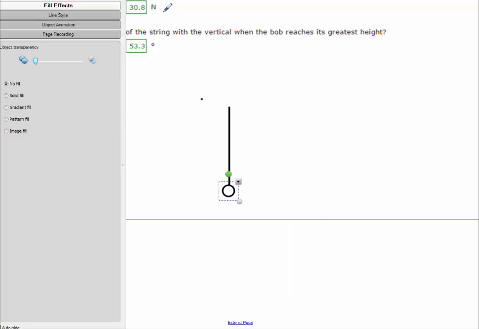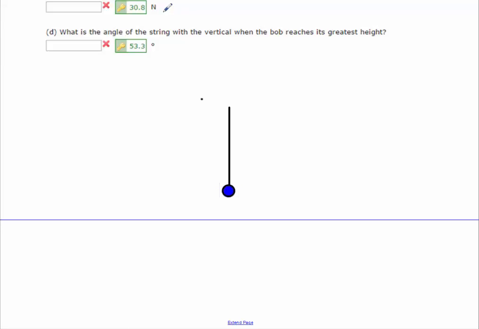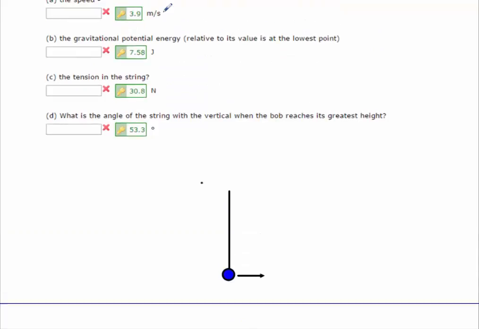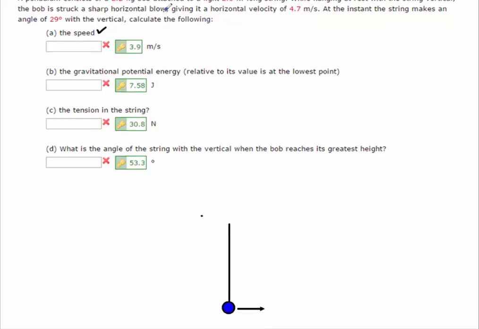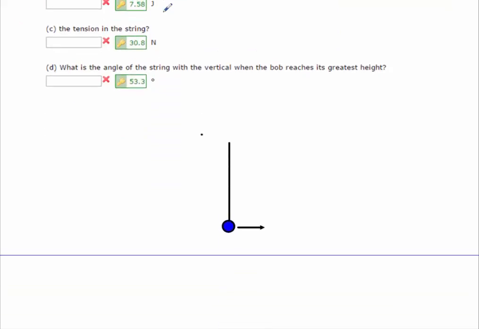We'll fill this in so you can see it. Now this one is going to have a velocity to the right, and I'll draw that with a vector. The velocity up here is given as 4.7 meters per second.